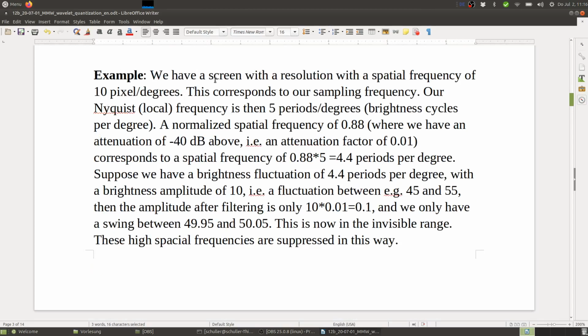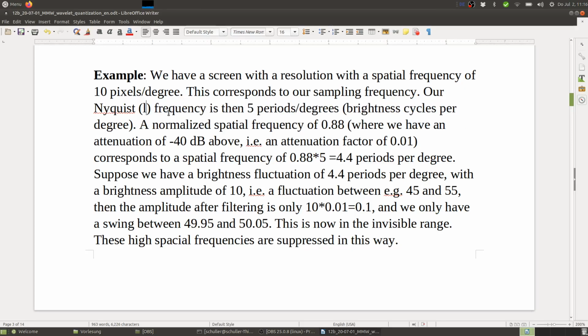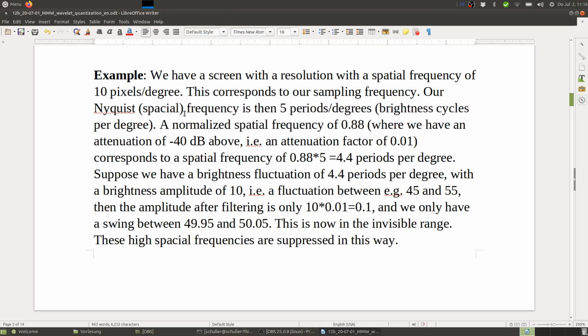So for example, we have a screen or display with a spatial frequency of 10 pixels per degree. This corresponds to our sampling frequency, right? We sample our screen. Our Nyquist spatial frequency, not local but spatial, is then 5 periods per degree, or brightness cycles per degree, because we always need one bright and one dark line.